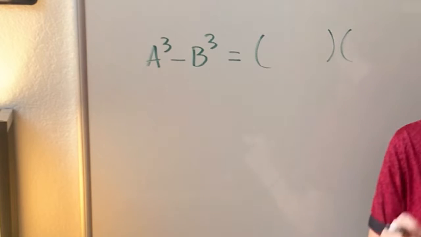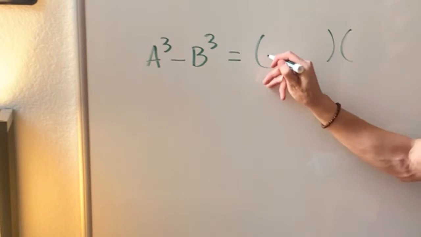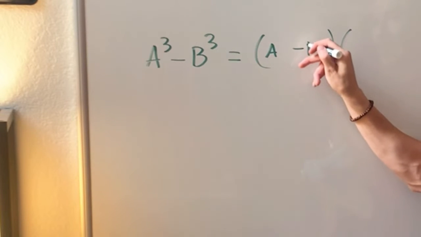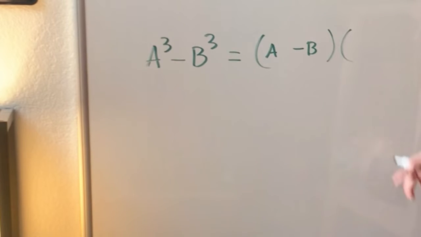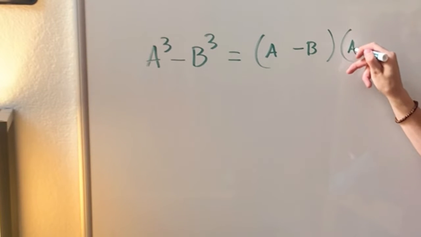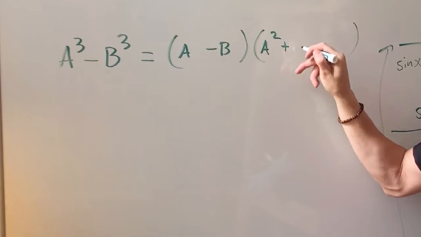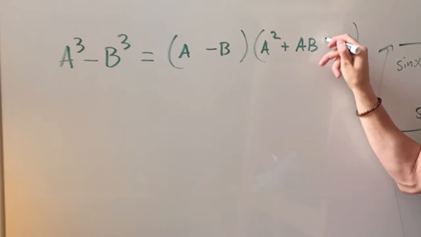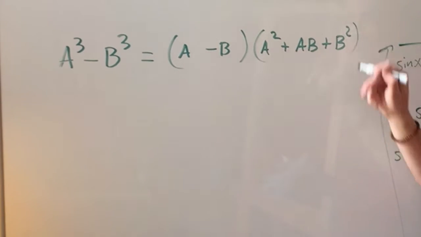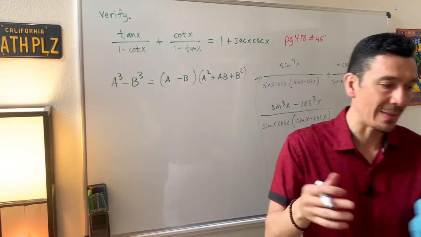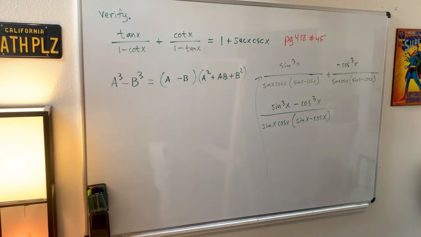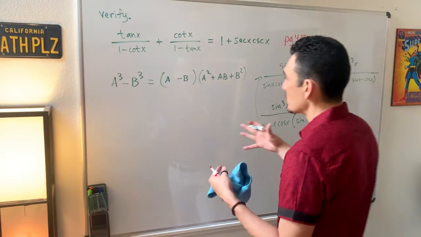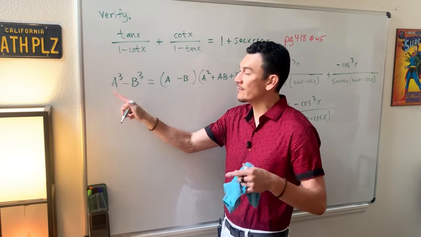It's based on a pattern. So this would look like a minus b times a squared plus ab plus b squared. This is one of those concepts from like Math 1 or Math 2 back in the day. It's called a difference of cubes.